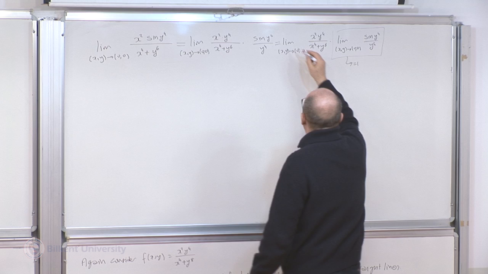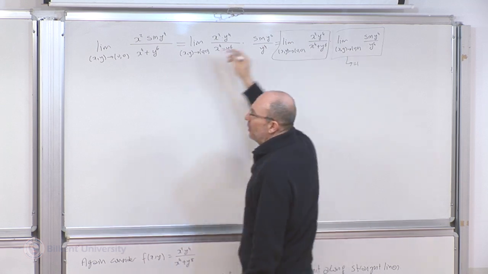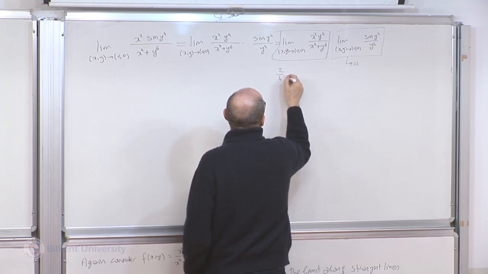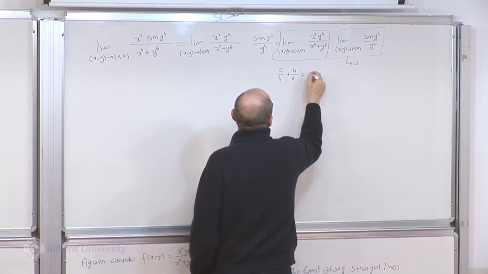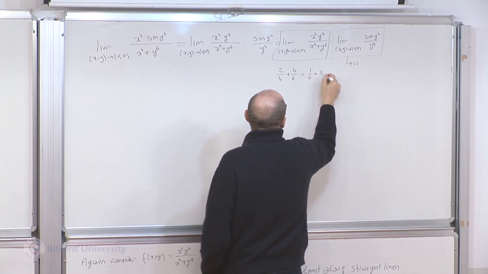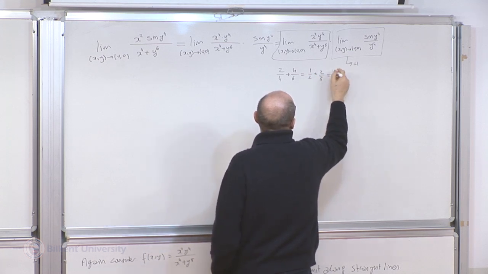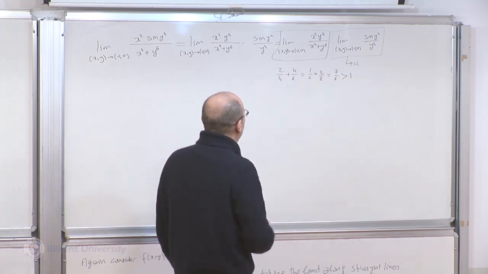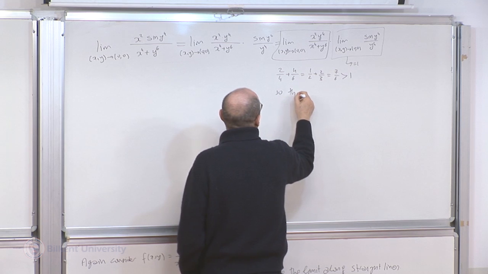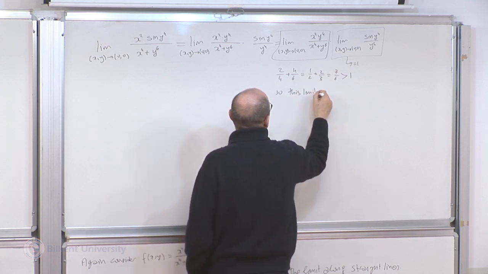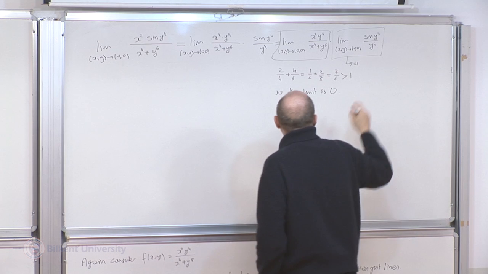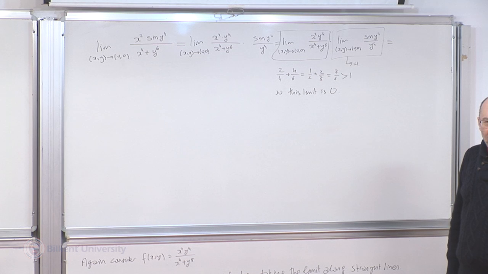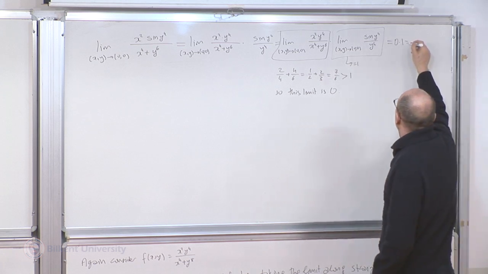Now this part we check. Now you can apply this rule immediately. Let's check: 2 over 4 plus 4 over 6 is 1 over 2 plus 2 over 3, so this is 7 over 6, strictly larger than 1. So this limit is 0. The limit of a product is the product of limits. 0 times 1 is 0.